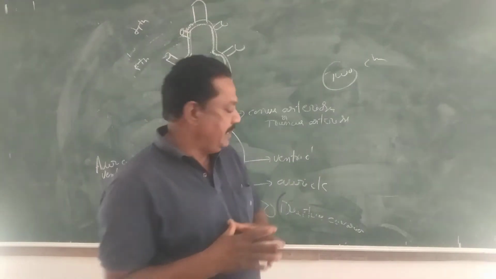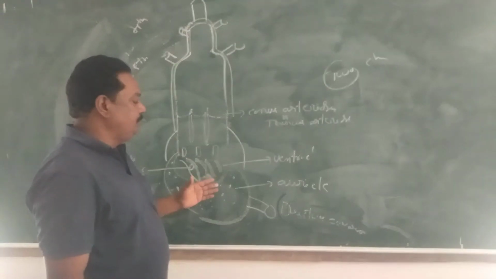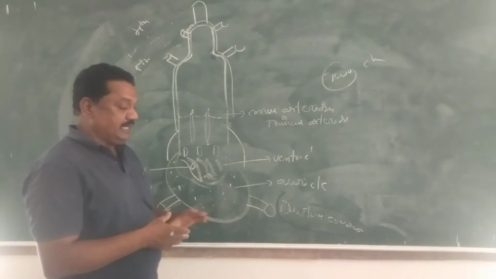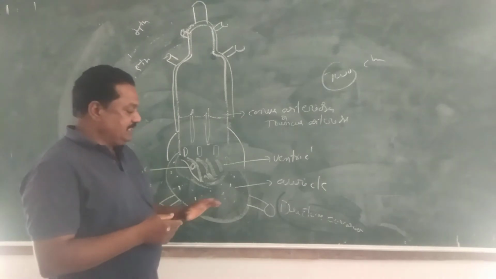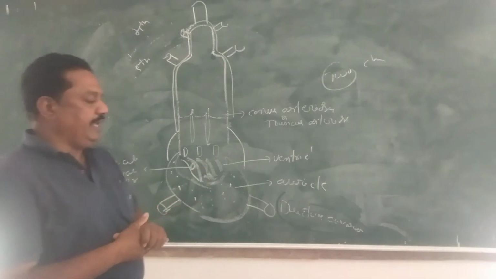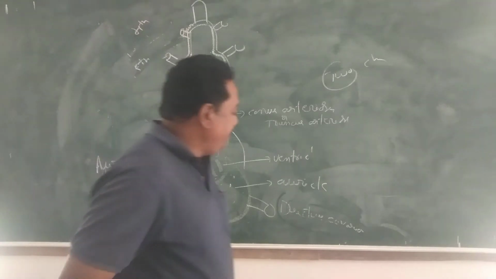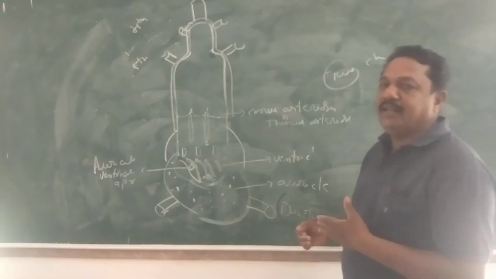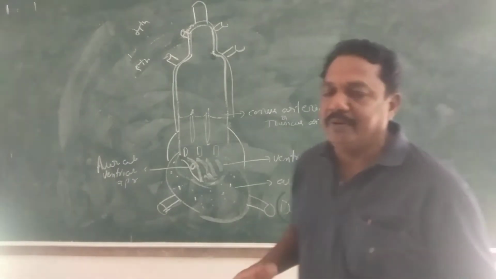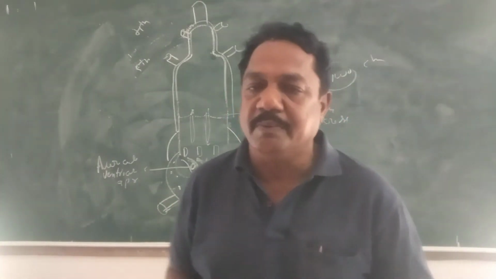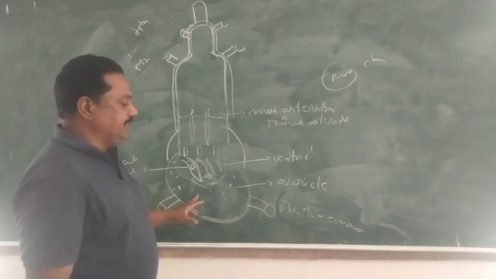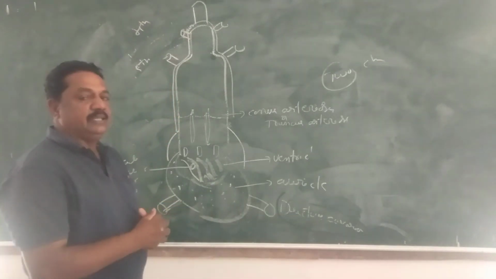The collected blood is introduced into the sinus venosus. The sinus venosus opens into the auricle. Here the auricle is very important because the auricle walls are very thin compared to the ventricle. A single auricle receives the deoxygenated blood.